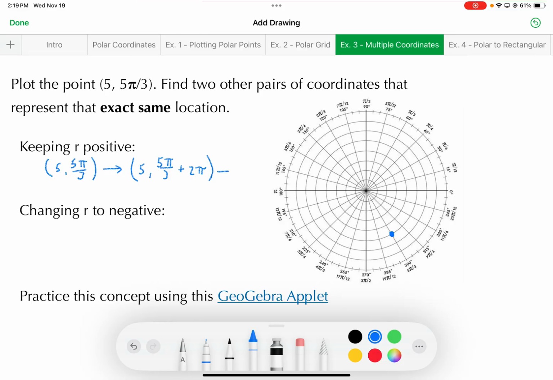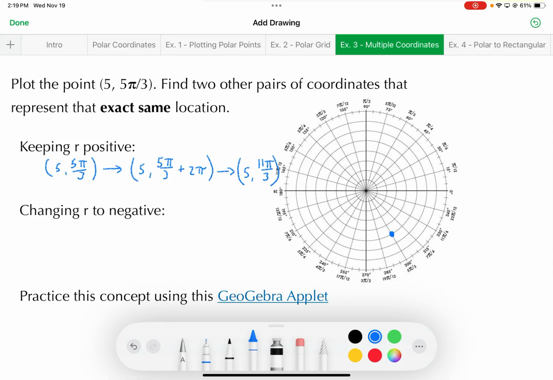So I would need a common denominator there. 2 pi is 6 pi over 3. Add it with the 5 pi over 3, and that would be 11 pi over 3. Understand, that is not the only answer I could give. There's an infinite number of answers that could be given here. You could add or subtract any multiple of 2 pi.